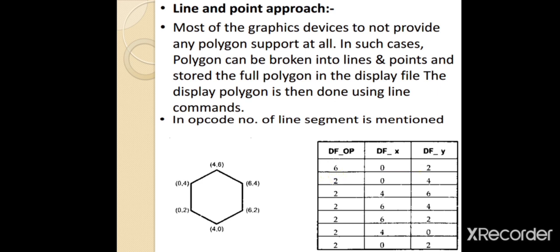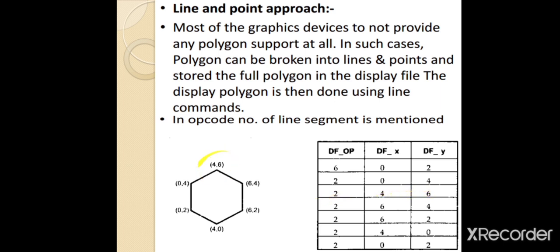And here 0, 2 is the first vertex. Next we want to draw a line. That's why display file opcode 2 indicates the draw line command, so we are writing 2. From 0, 2 we want to draw a line towards 0, 4, so the x value is written as 0 and the y value as 4. Next from 0, 4 to 4, 6, we once again want to draw a line, so we write 2 towards the point 4, 6.